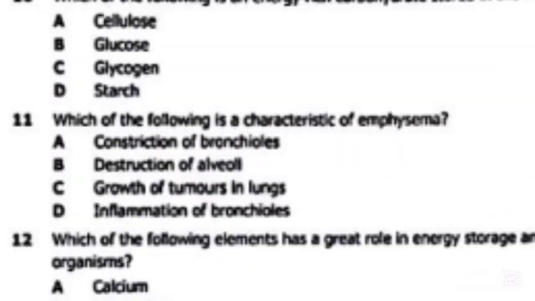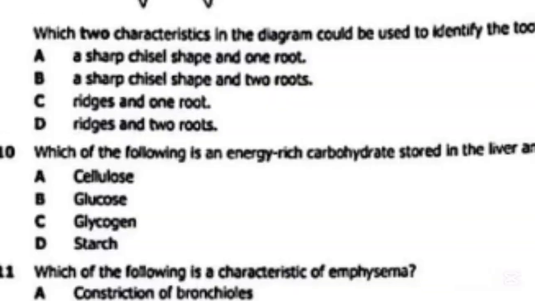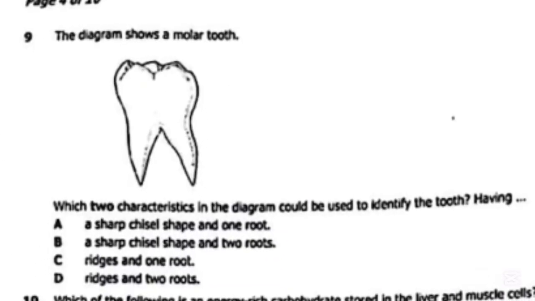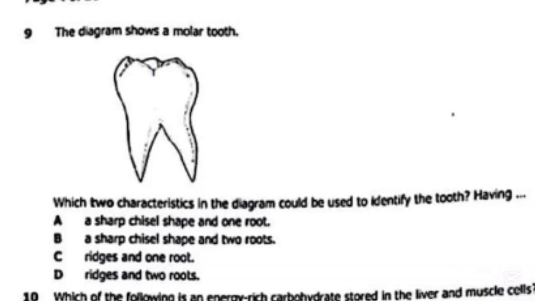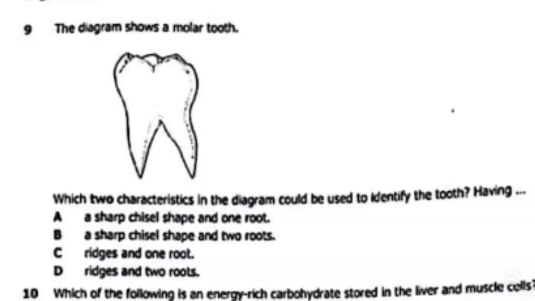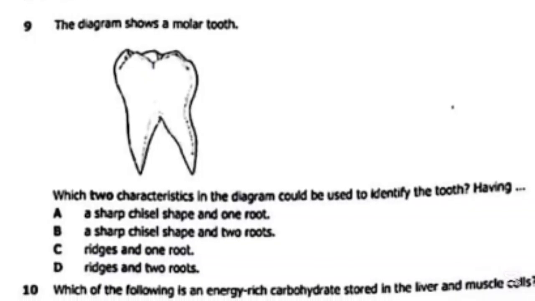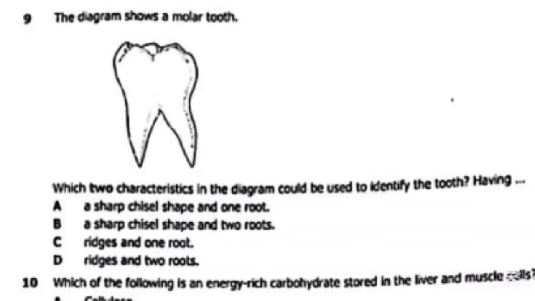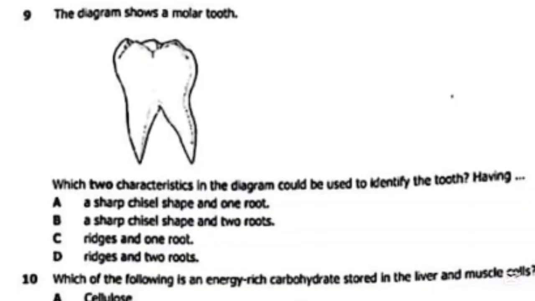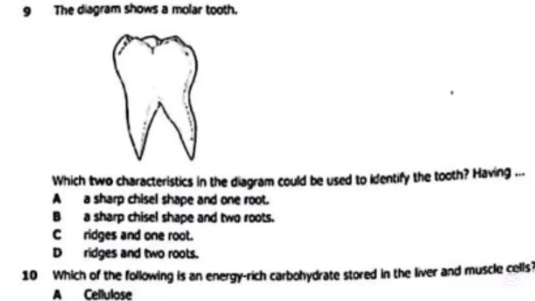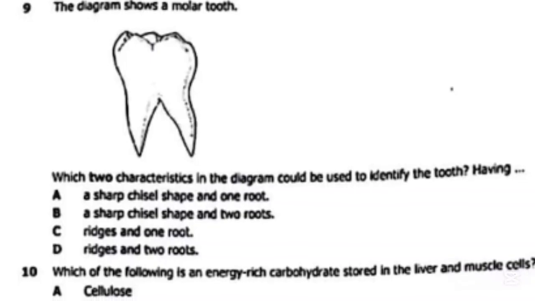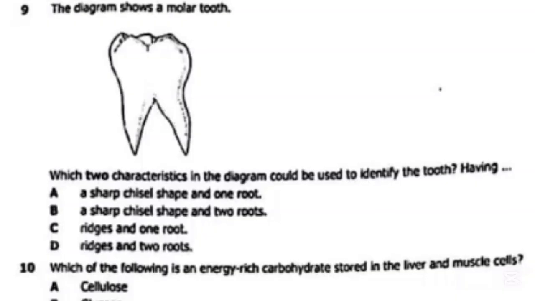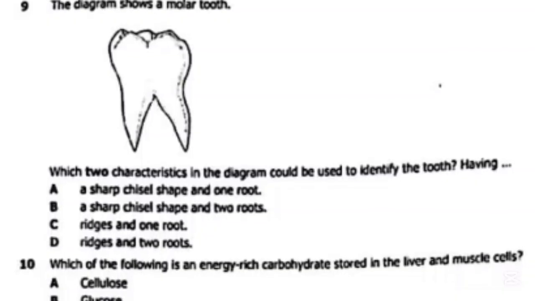So question 9 is showing us the diagram of a molar tooth. Which two characteristics in the diagram could be used to identify the tooth? A, a sharp chisel shape and one root.